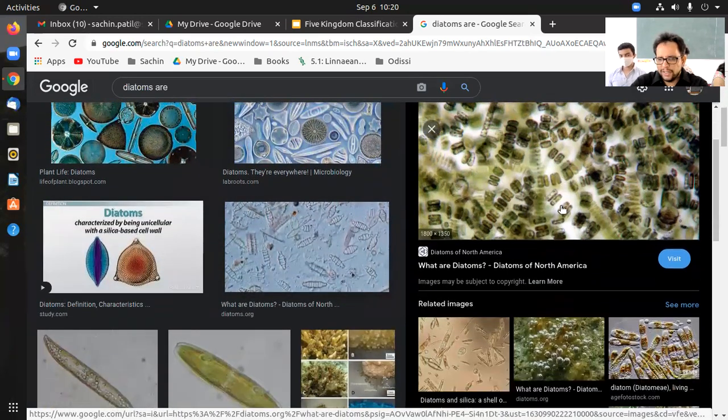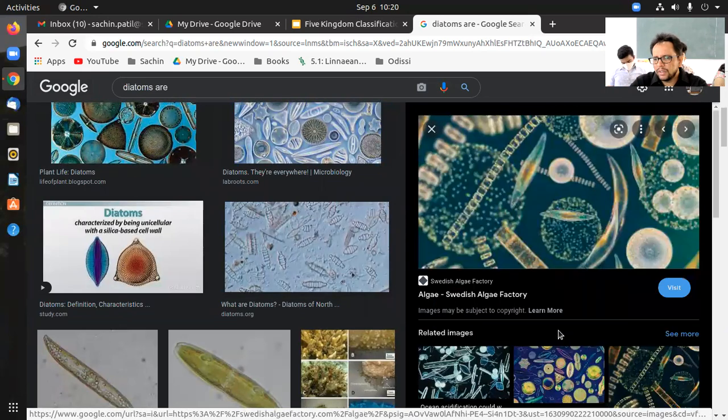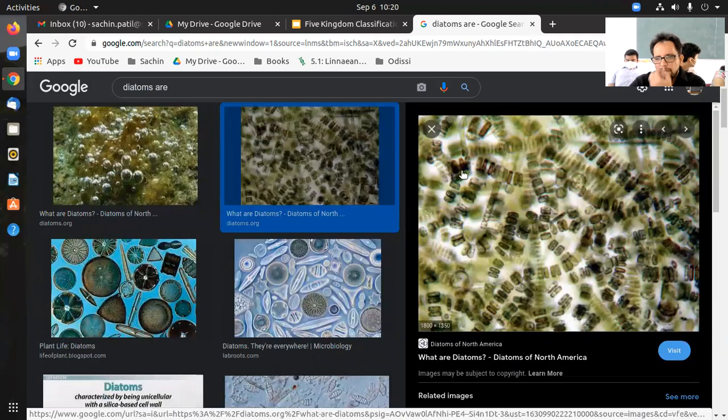So usually these are the diatoms, not really. These are all different algae. This is actually the perfect example of diatoms, which are present in a group, and it looks like a ring-like structure arranged one after another. So that is what a diatom is.